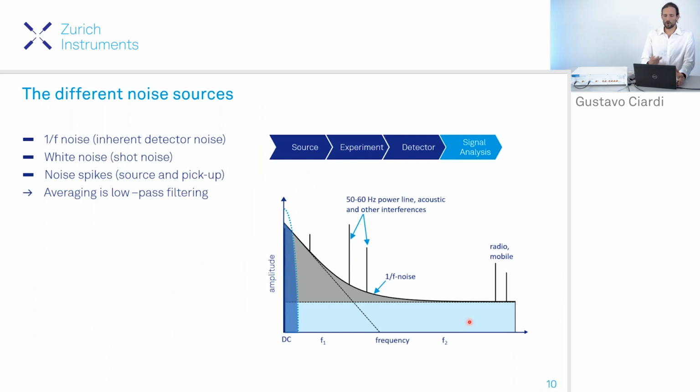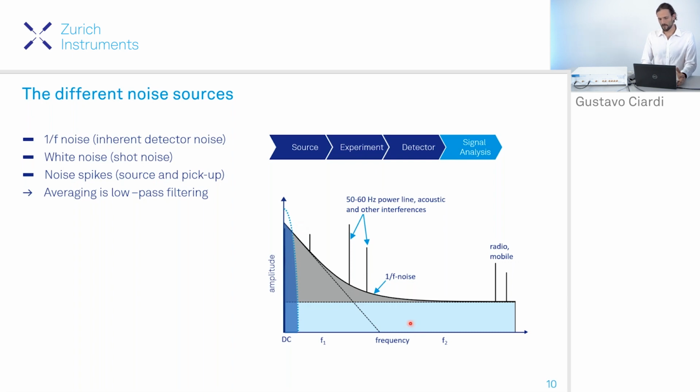Before analyzing any signal, we first need to understand and characterize the noise in our experiment. On the right-hand side, we have a typical noise frequency spectrum characterized by different components. We can start with this dark gray area, generally referred to as 1/f or pink noise, which increases as the inverse of frequency when approaching DC.